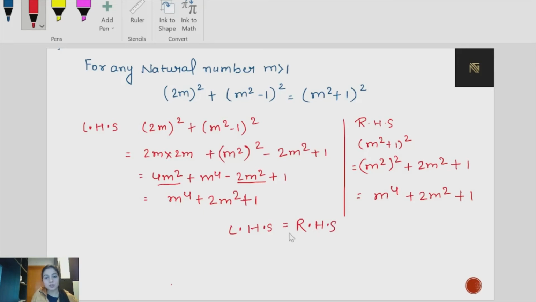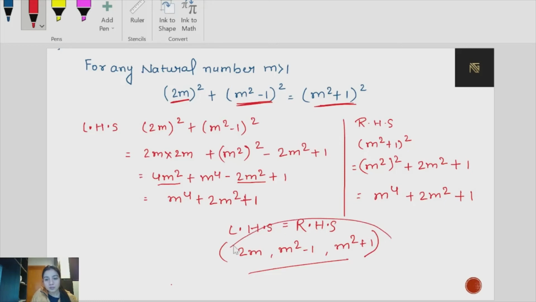And one more thing we are getting from here, that the group of 2m, m square minus 1 and m square plus 1, it's a Pythagorean triplet. The square of the first one plus square of second one is giving us the square of third one. So it's a Pythagorean triplet. Clear?